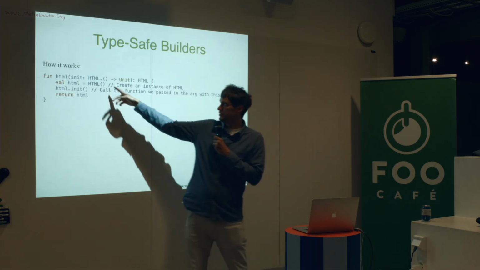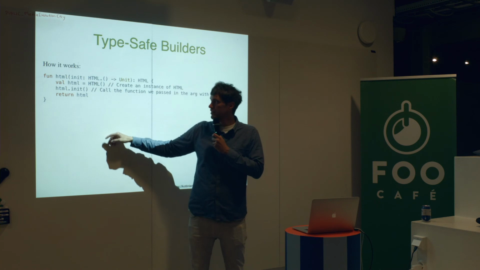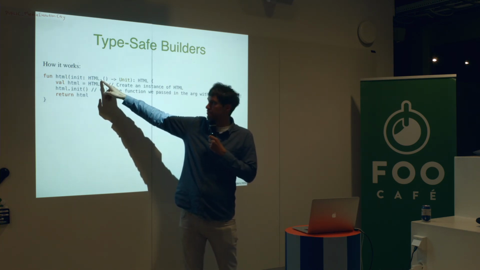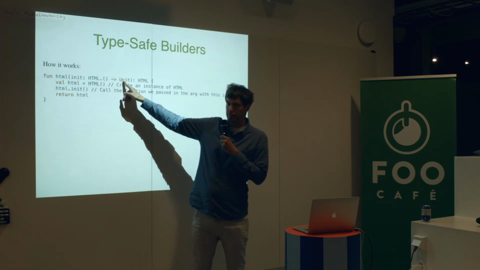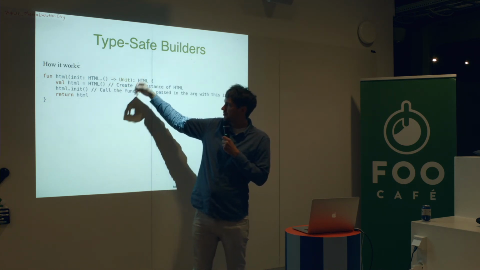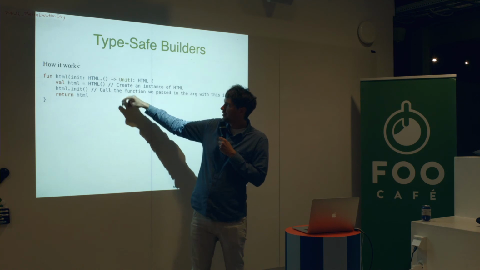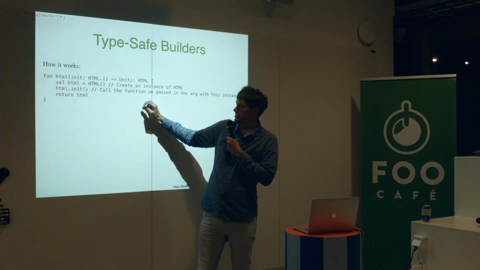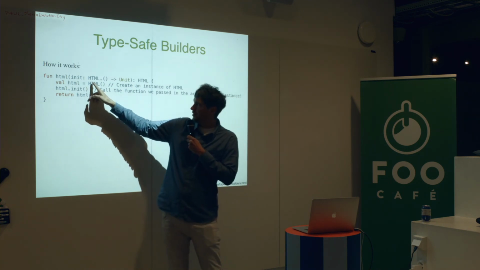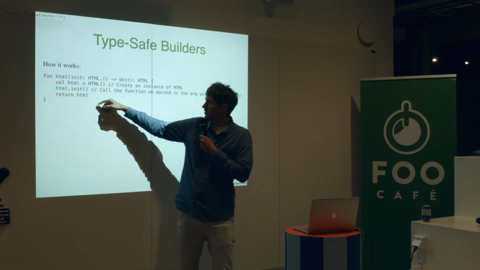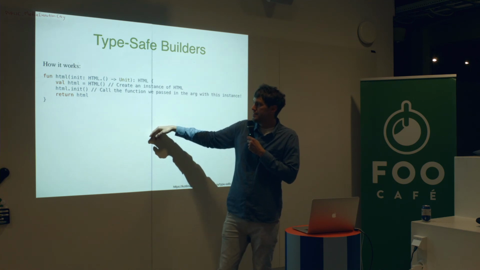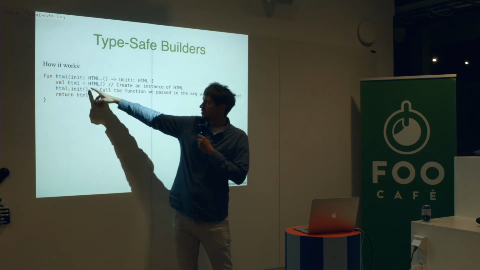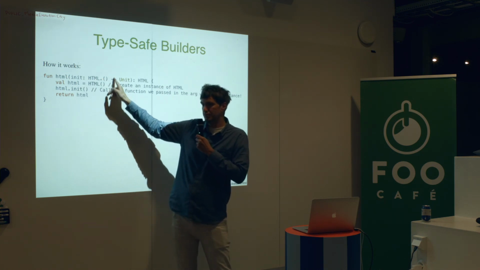function HTML that returns this HTML class. Here you can see we have the function HTML. We have this function with receiver of type HTML. Now it returns unit, so it doesn't return anything of interest. The function itself returns an instance of HTML. The first thing we do here is create an instance of HTML, and then we call this function that we passed in, that is the function with receiver.